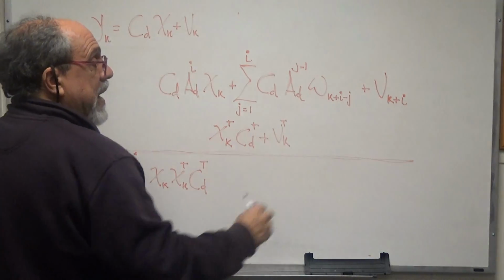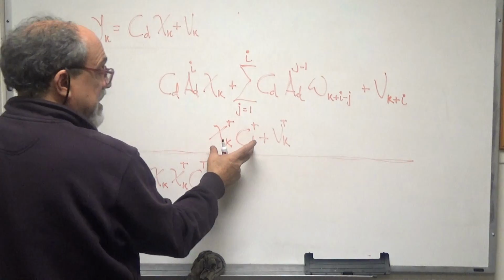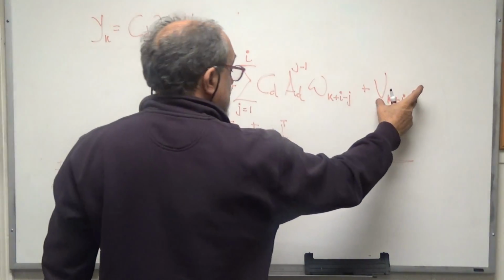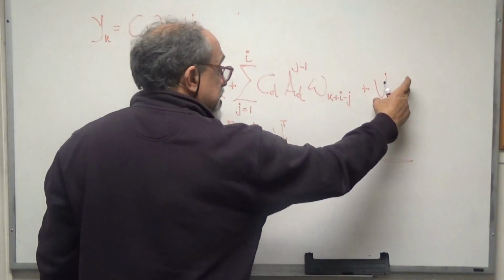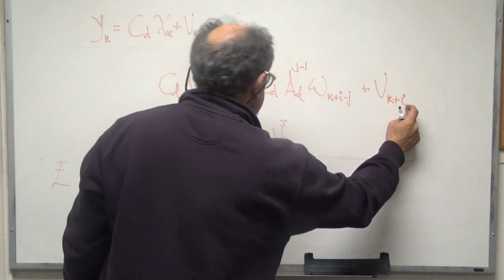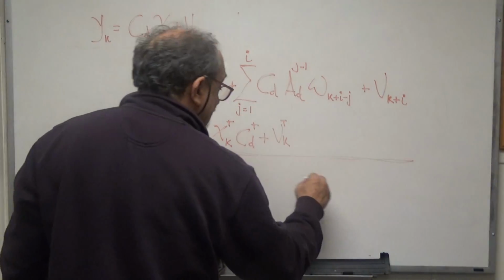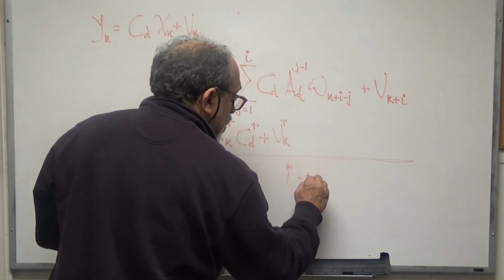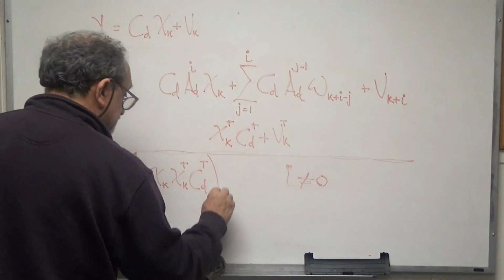Now we come to this term, Vk plus I times this, which is clearly uncorrelated. Vk plus I and Vk transpose are white noise, so they are uncorrelated unless I is equal to 0. So if I is not equal to 0, then this is it.